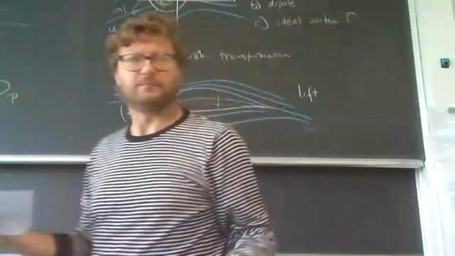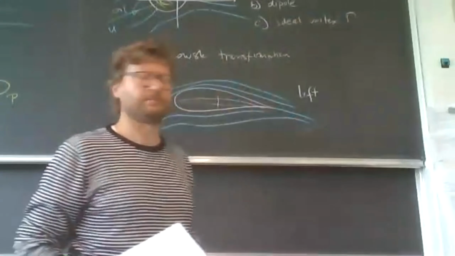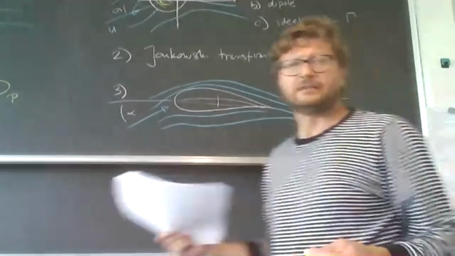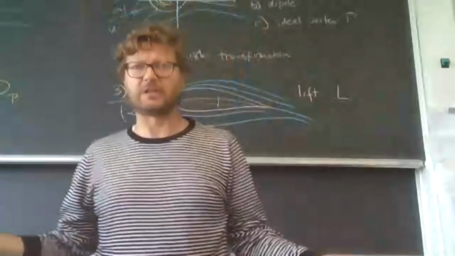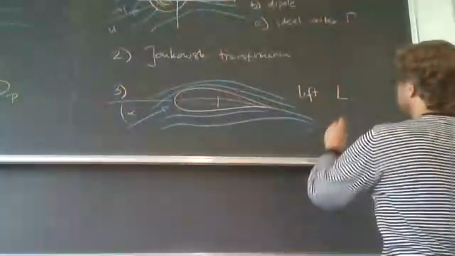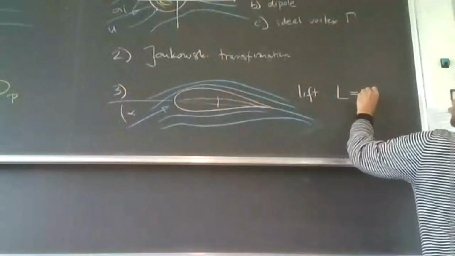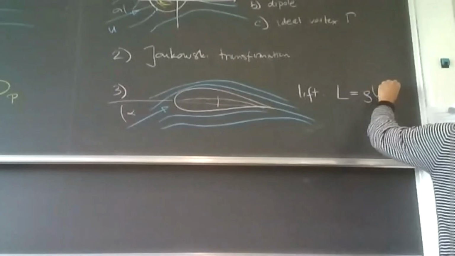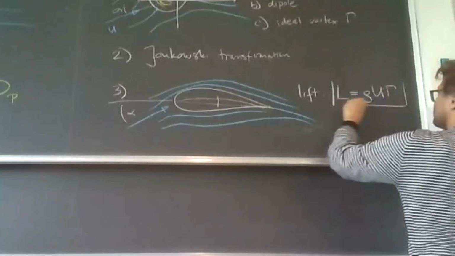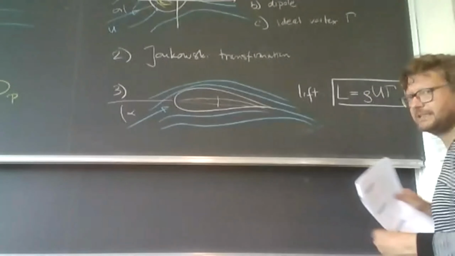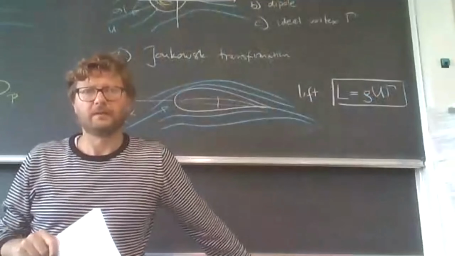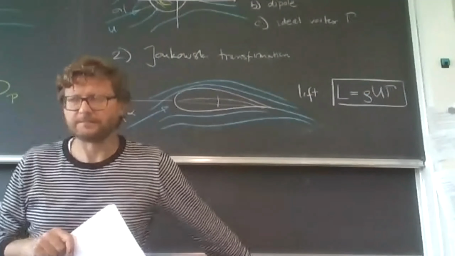What is the lift of this airfoil? Well, we know from potential flow theory that as soon as we know the potential solution, the lift is just simply given by rho U gamma. This is the lift of a potential flow around an object.